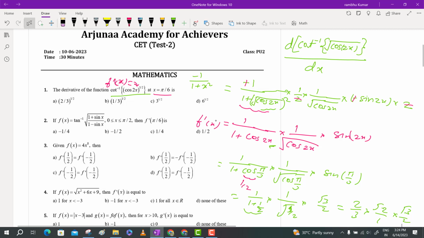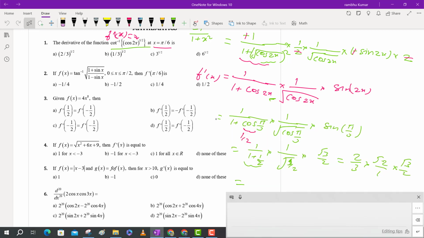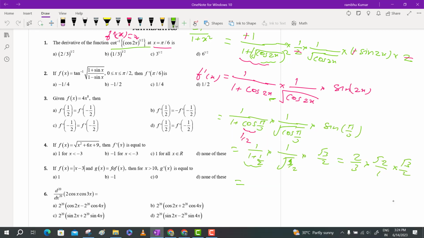Here you can see this 2 and this 2 cancel out. Then we have root 2 by 3 into root 3.